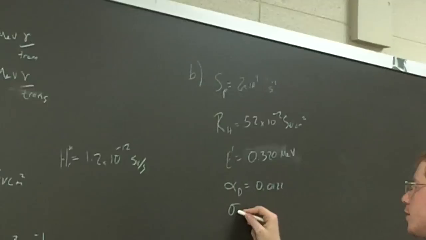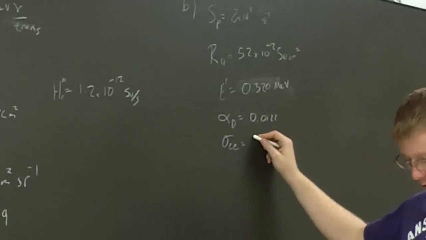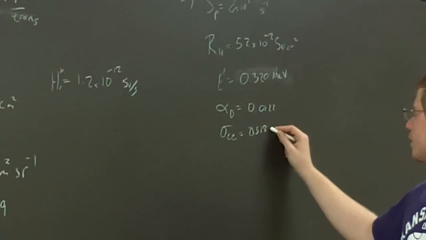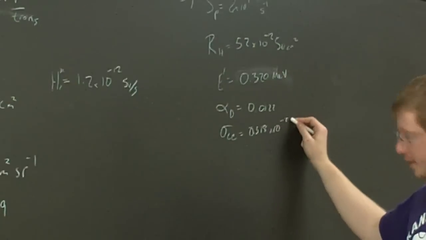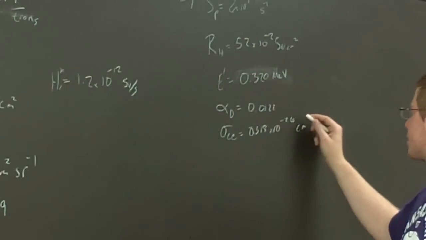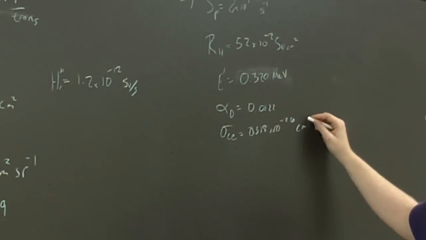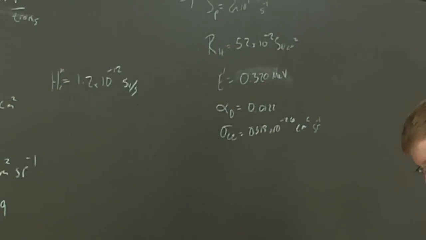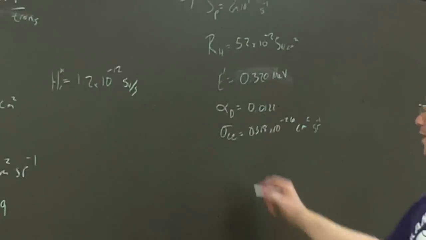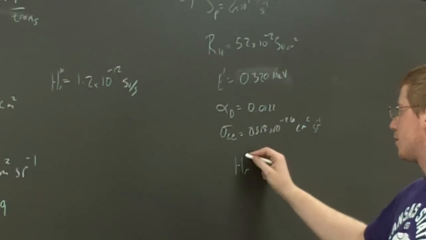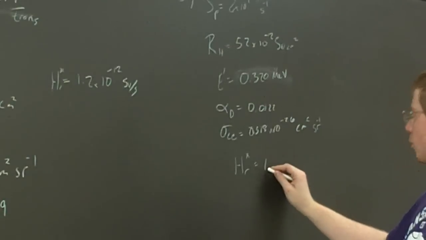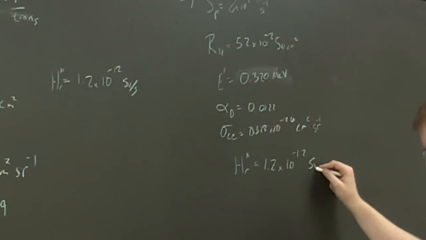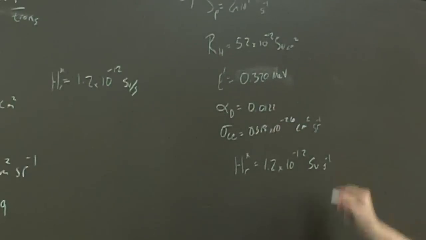And your sigma CE calculates down to 0.318 times 10 to the negative 26 centimeters squared per steradian. And finally, you get that your dose equivalent is 1.2 times 10 to the negative 12 sieverts per second.